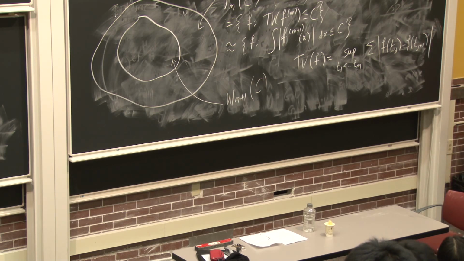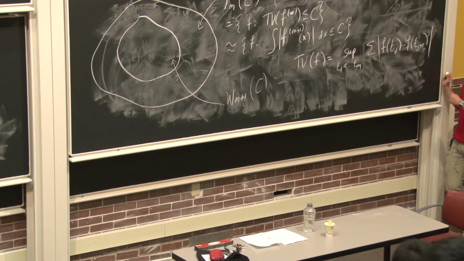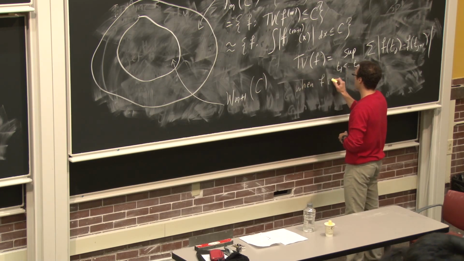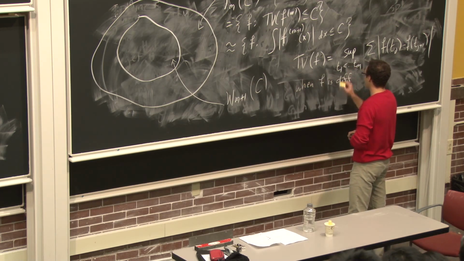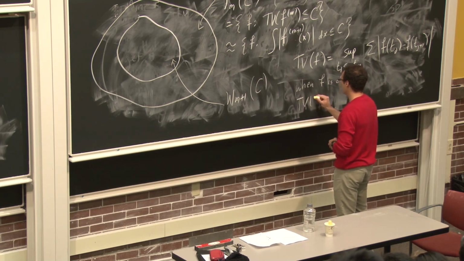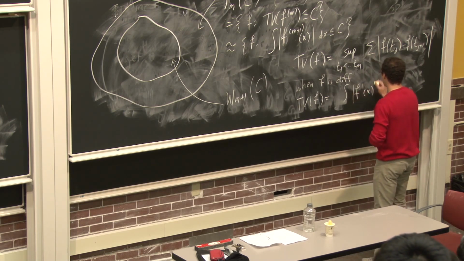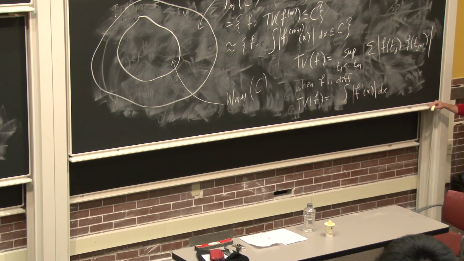That's the total variation. So it's the biggest I can make the function differ if I add up these increments in absolute value over partitions of its domain. And it turns out that when f is differentiable, the total variation just ends up being equal to its absolute derivative integrated. That's just a fact about total variation.